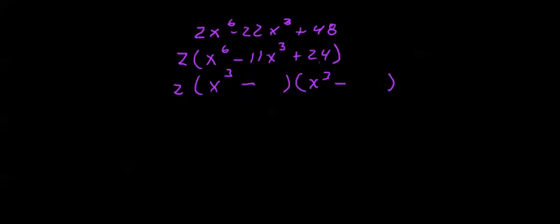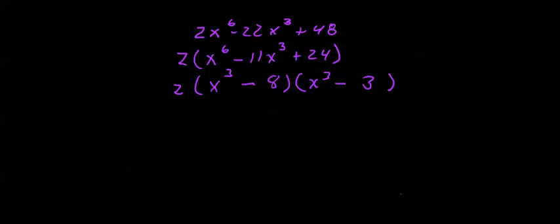Now, I need factors of 24. I'm going to try 8 and 3. My double smiley, negative 8, negative 3 is negative 11. We're good to go. And now we have to check, can I factor any further? Well, x cubed minus 8 is the difference of perfect cubes.